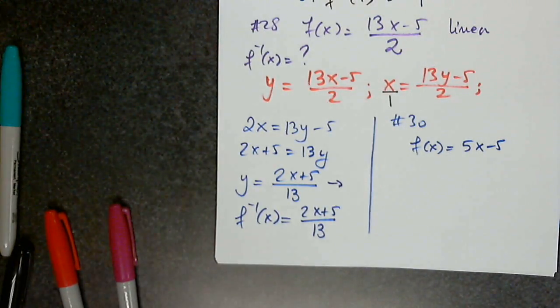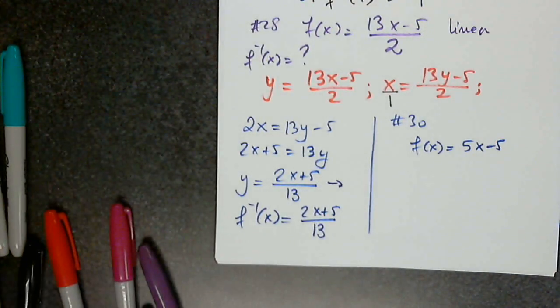Since it's linear, how many points will you determine? How many points do you need in order to graph this function? 2. The recommended ones, please, are the x and y intercepts.